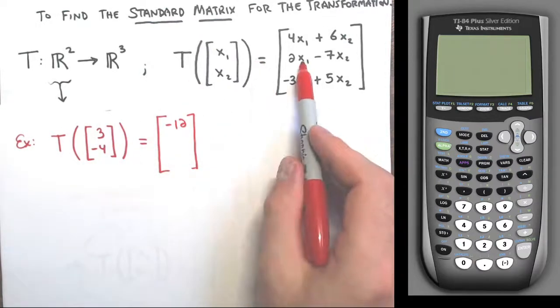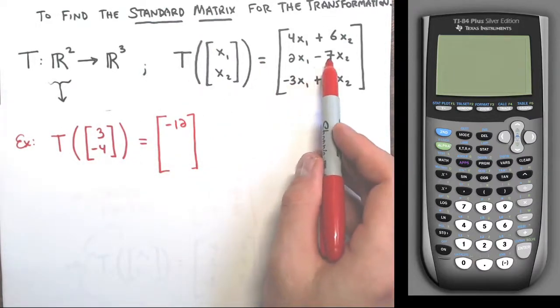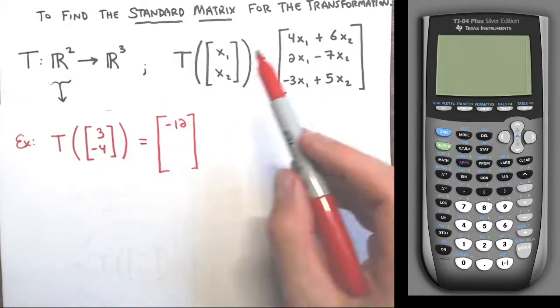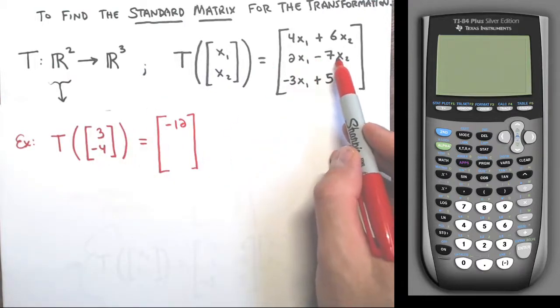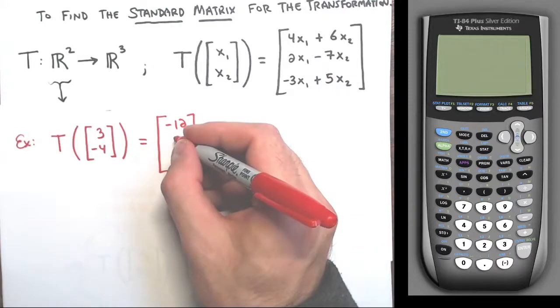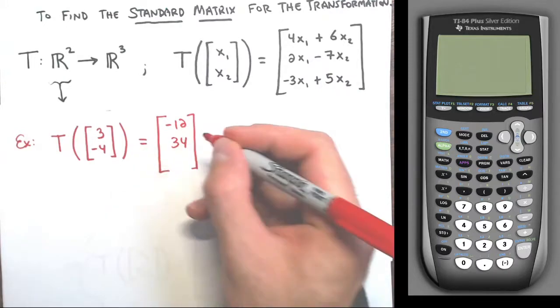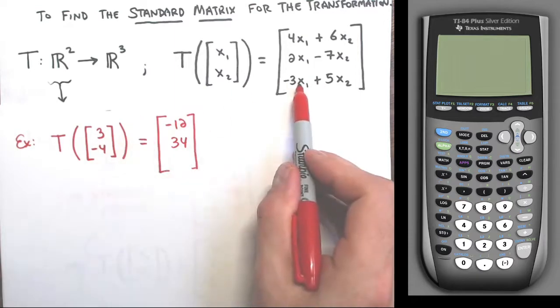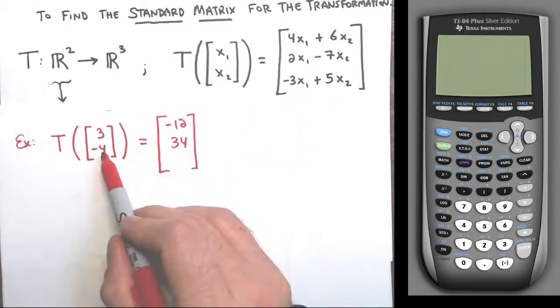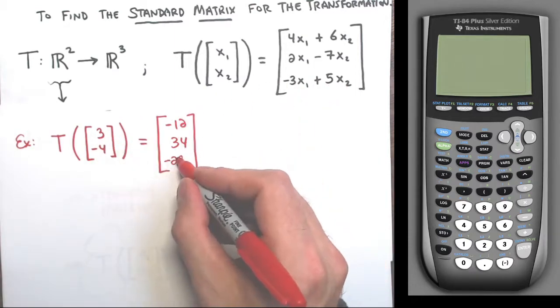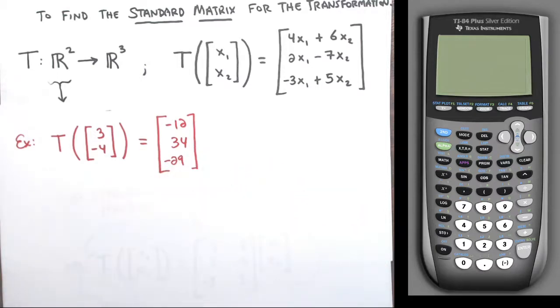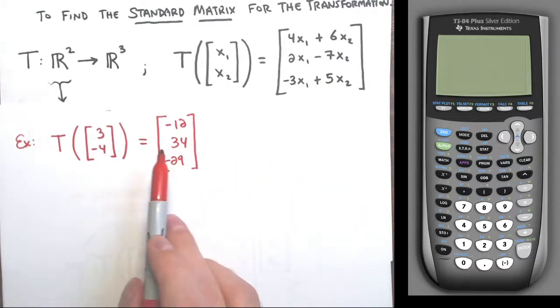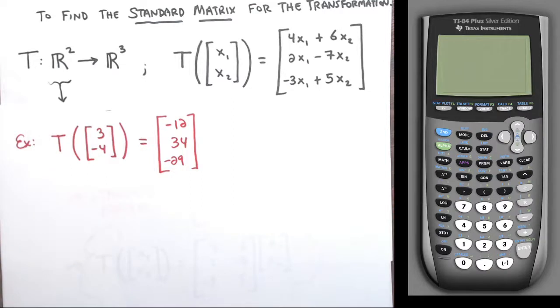Then 2 times 3 is 6, and negative 7 times negative 4 is 28. 6 plus 28 is 34 for the second component. Then negative 3 times 3 is negative 9, and 5 times negative 4 is negative 20. Put those together as negative 29.